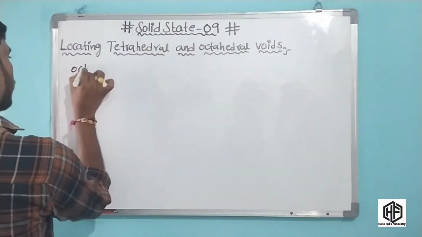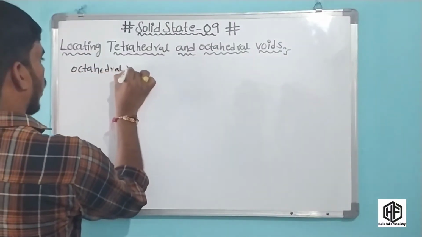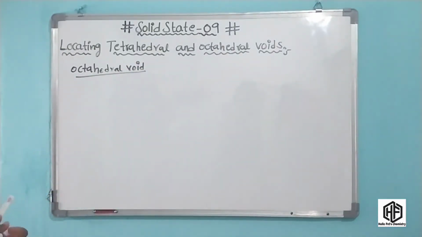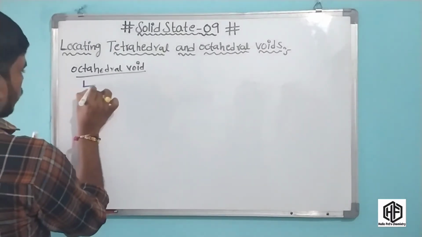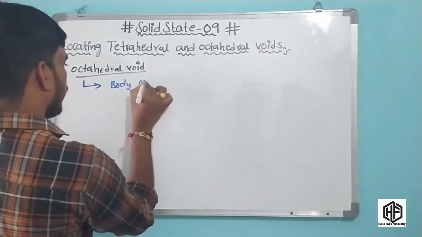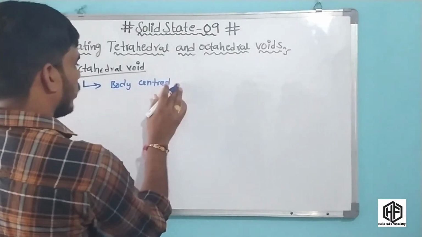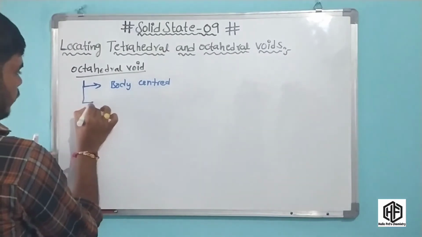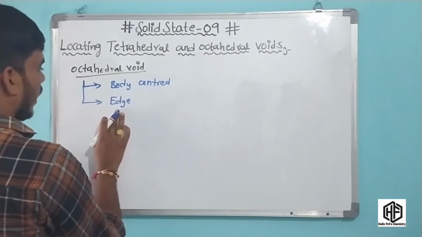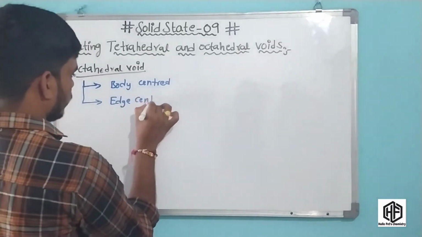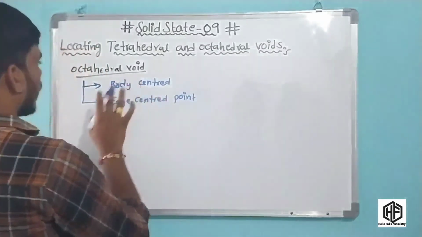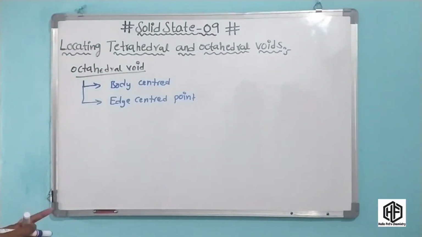Octahedral voids are present at two positions. The first octahedral void is present at the body center of the face centered cubic close packing, and the other is present at the edge center points. These two positions have octahedral voids.